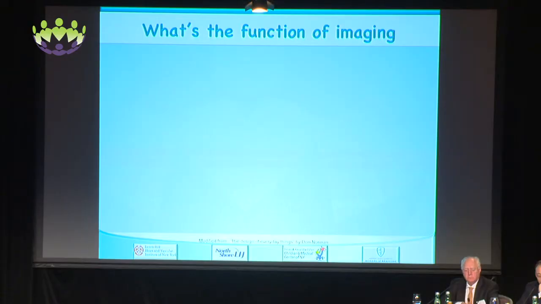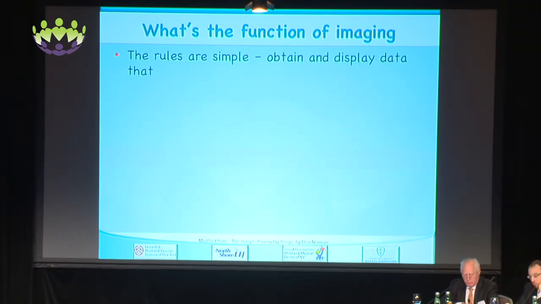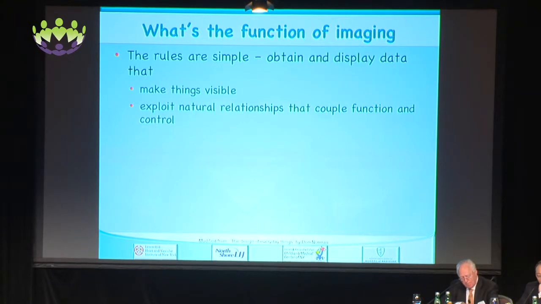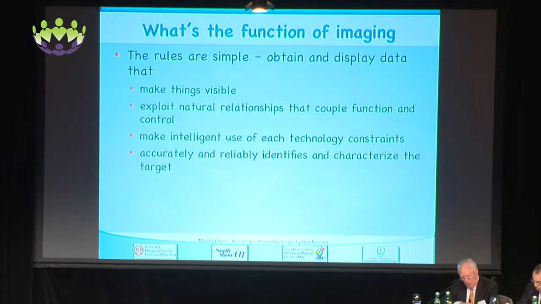But let's go to the basics. What is the function of imaging? I think the rules are very simple. We need to obtain and display data from that imaging that makes things visible, number one, that exploits the natural relationships of the couple and functions and control, that makes intelligent use of each technology's constraints, and accurately and reliably identifies and characterizes the targets that we're going to use from this imaging, with one goal.